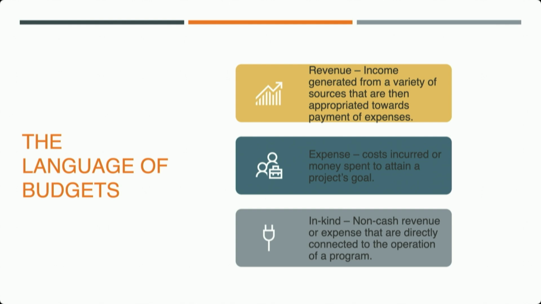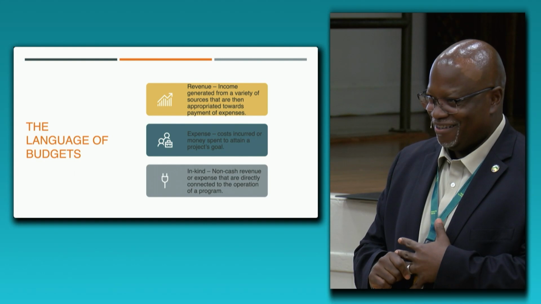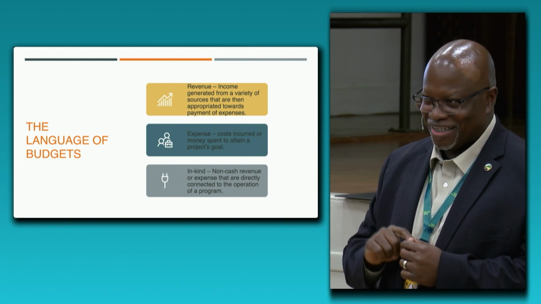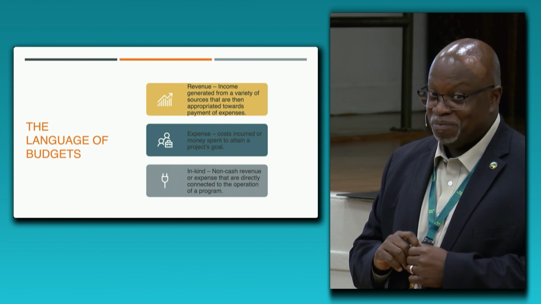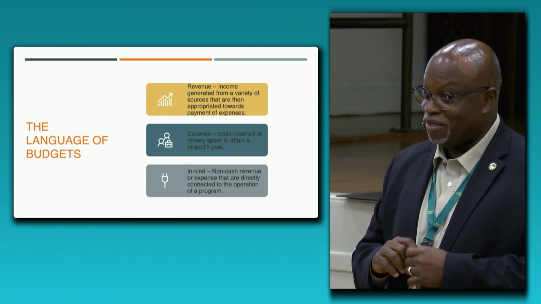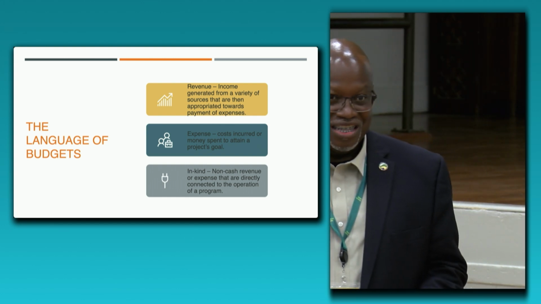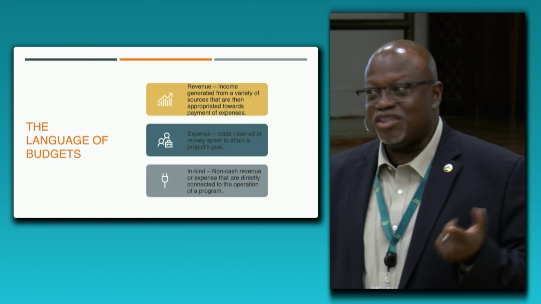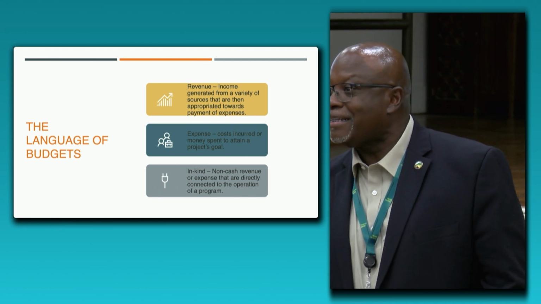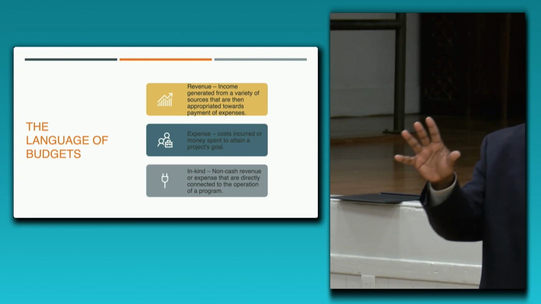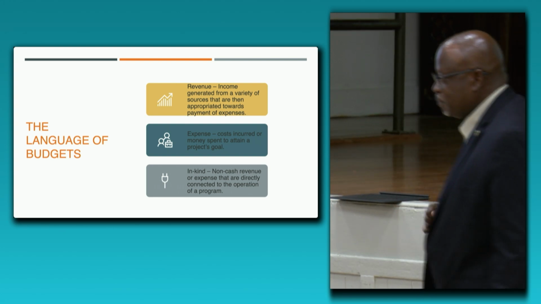If your logic model was well done, it will help you figure out your in-kind very quickly. If your logic model did not have all the details, now you've got to scratch your head and figure out what the in-kind elements are, because all the in-kind should already be listed as an input in the logic model. See what I mean? Each contributes to the other. That's an important thing, right?